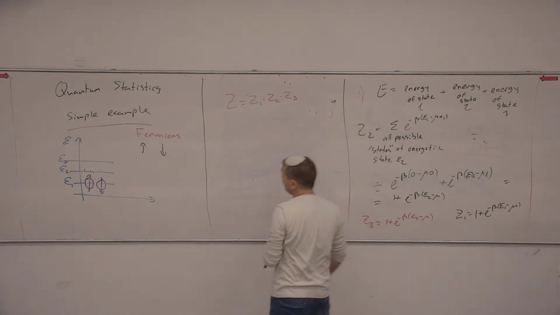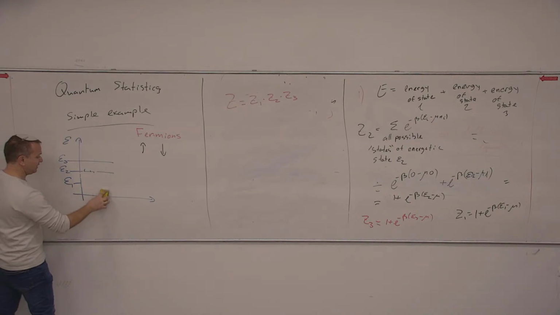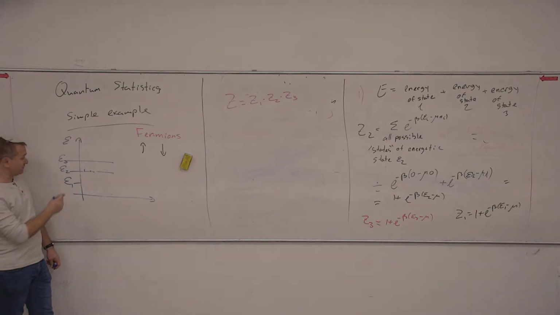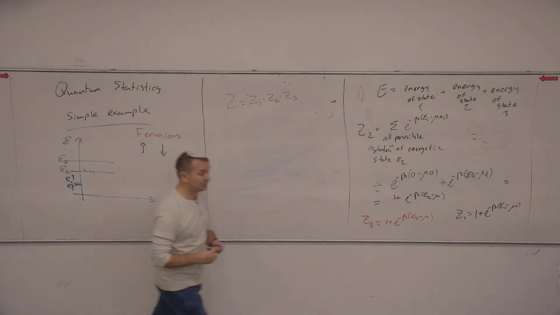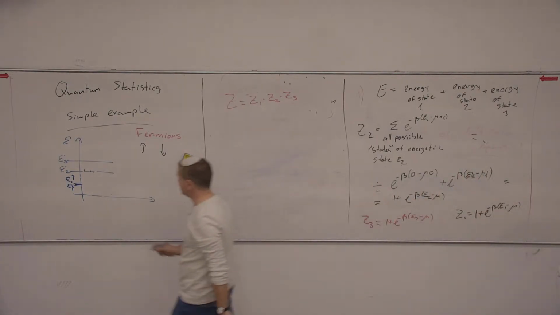So for me, there are two energies: epsilon 1 with spin up, and the other one is epsilon 1 with spin down. So there are two energetic states, right?